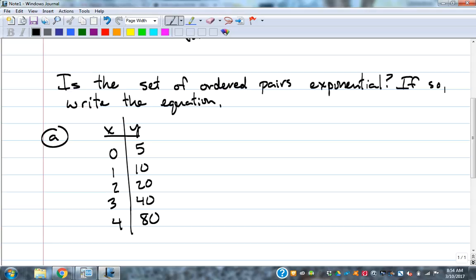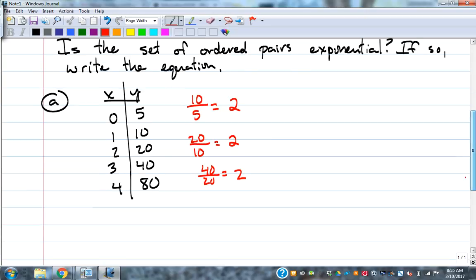And the way you check for exponential is you divide your y values. 10 divided by 5 is 2. 20 divided by 10, 2. 40 divided by 20, 2. 80 divided by 40, 2. It's the same every time.